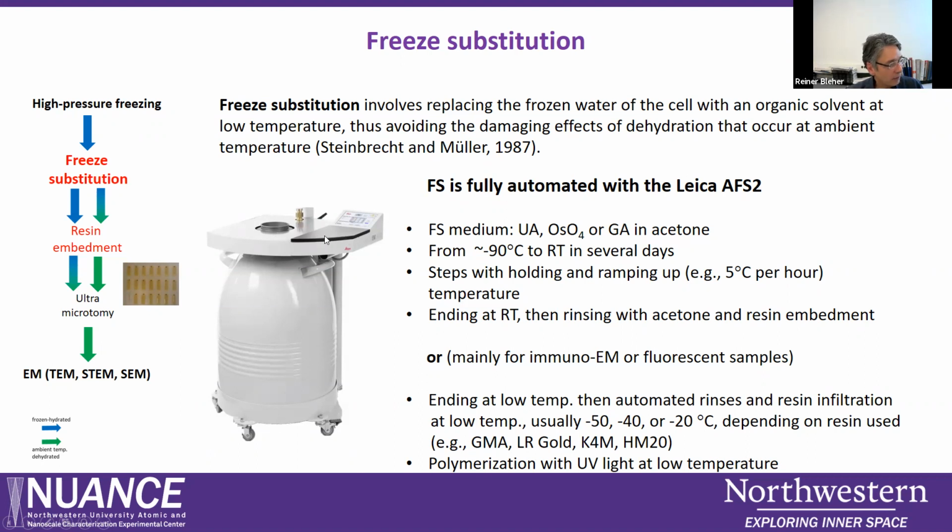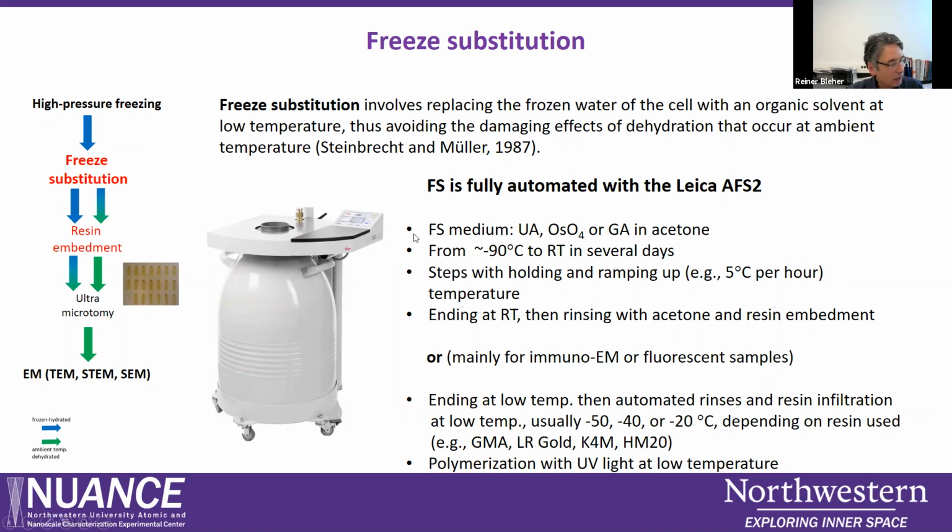Usually the procedure goes like the following. We program all the single steps on this instrument. The sample is then placed in the chamber here. The chamber is already pre-cooled, so this is a liquid nitrogen dewar that keeps the temperature.